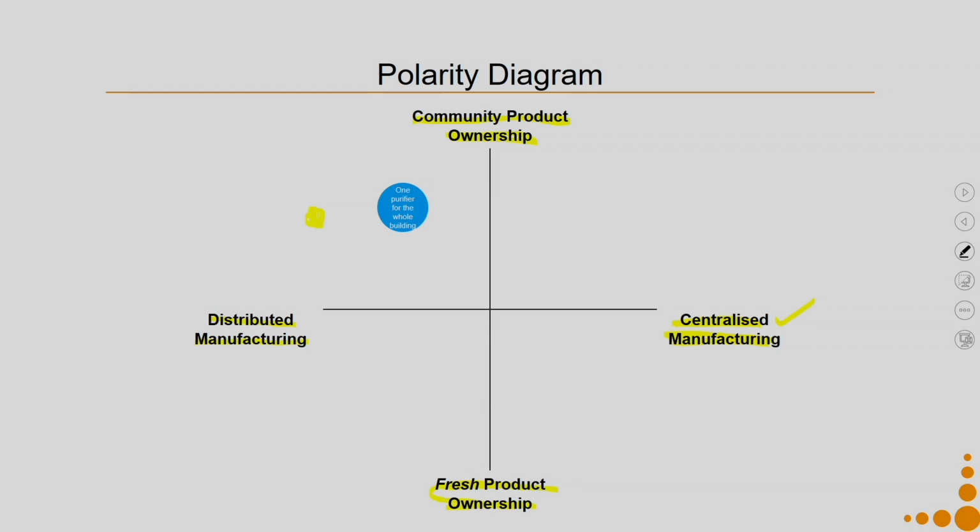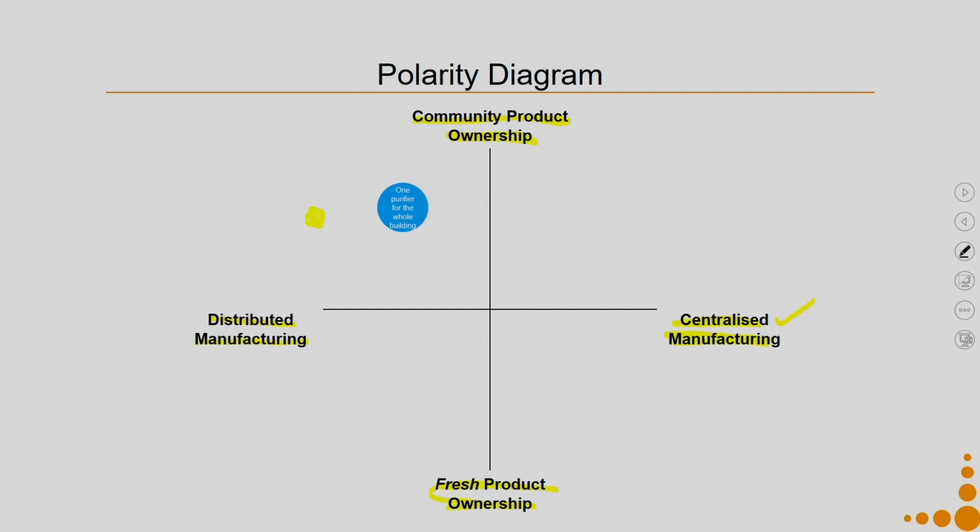Say for example, the filters or the RO purifier unit might be better made through a centralized manufacturing system. So, I am making a conscious decision here. When I place it here, I will also have to create a separate document which says what the sustainability advantages and sustainability disadvantages are.